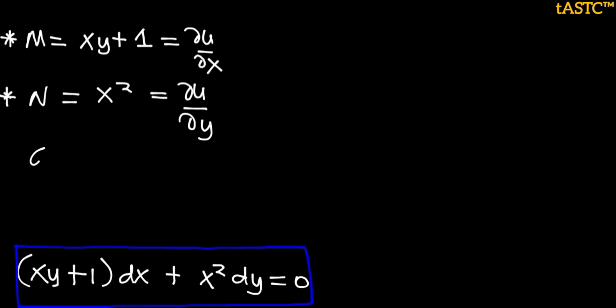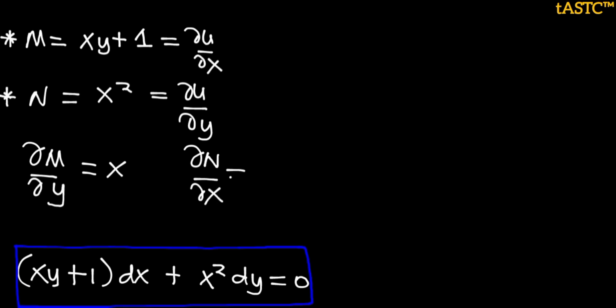So first we need to find what is going to be partial m, partial y. That is the derivative of this with respect to y. Now here this should be an x. Just an x. Now let us find it for the n. That is going to be partial n, partial x. That is going to be the derivative of this, which is actually a 2x.